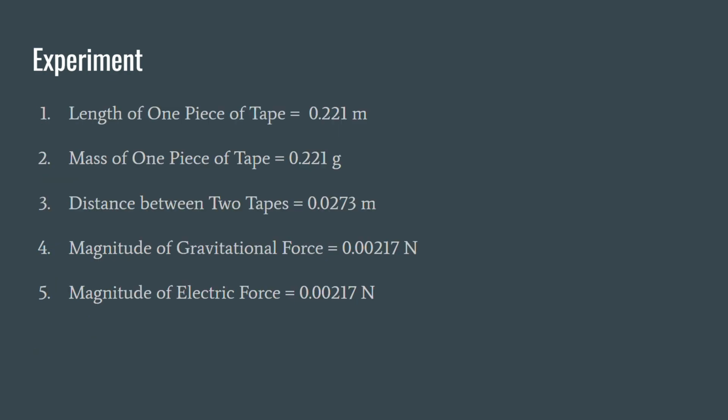The same results from lab 1 are also present in lab 2, where the length of the piece of tape was 0.2 meters, the mass 0.2 grams, and when they were repelled off of each other, they had a distance of 0.02 meters with a gravitational force and electric force of about 0.002 newtons. All of these are the same because no new experiment was conducted for lab 2, since we were using the exact same experiment and results as lab 1, my bad.